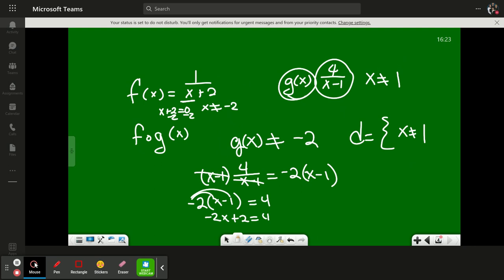Subtracting 2 and dividing by negative 2. Negative 2x equals 2, dividing by negative 2. X equals negative 1. So back to my answer, because this is the inside, 1 was part of it. My second part is x cannot equal 1, x cannot equal negative 1.